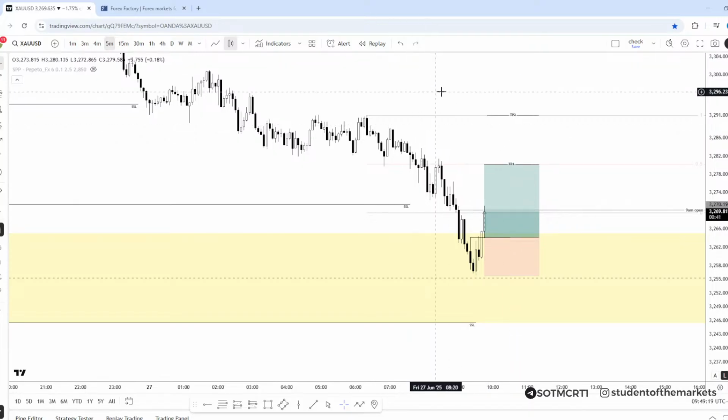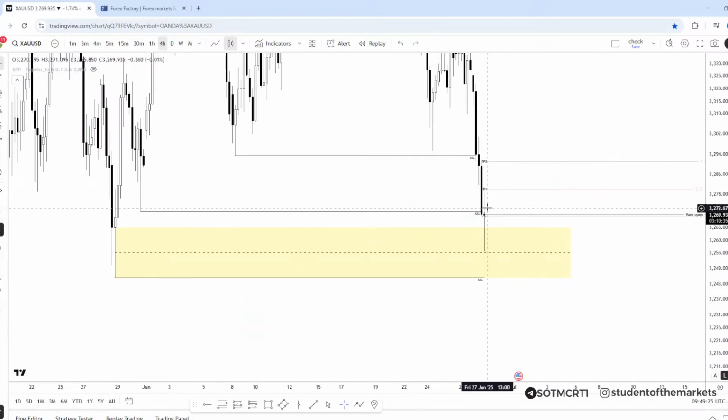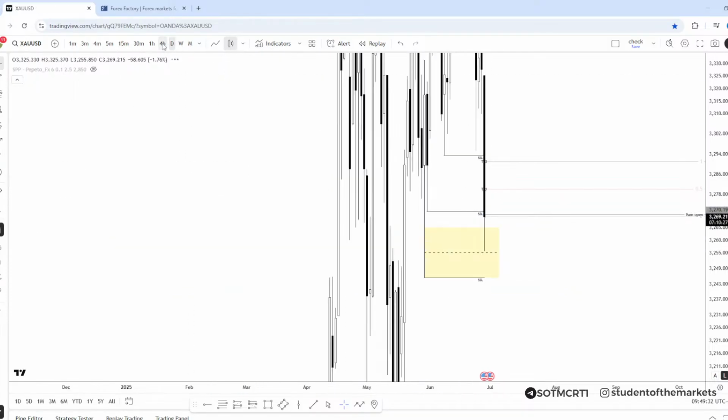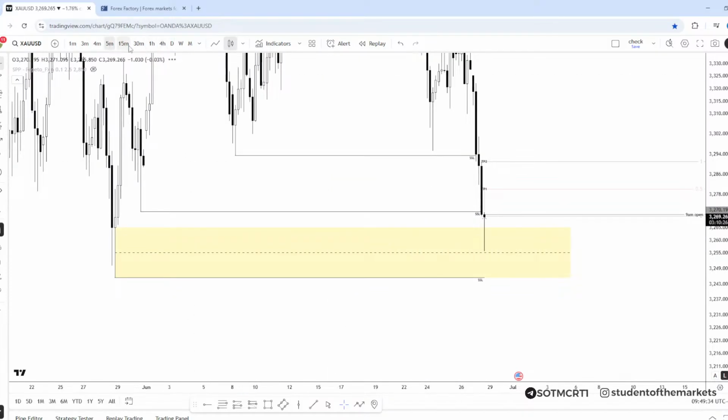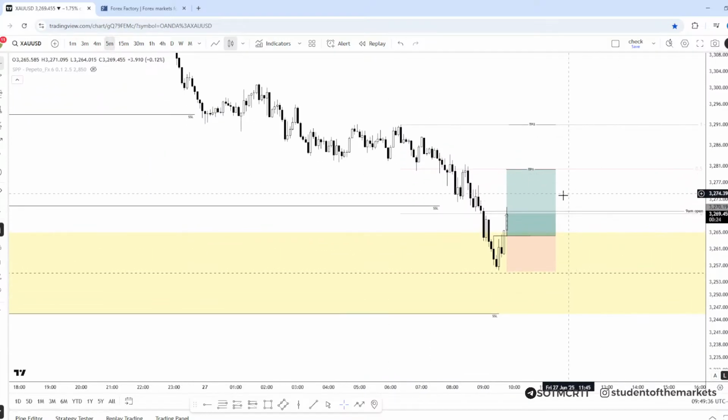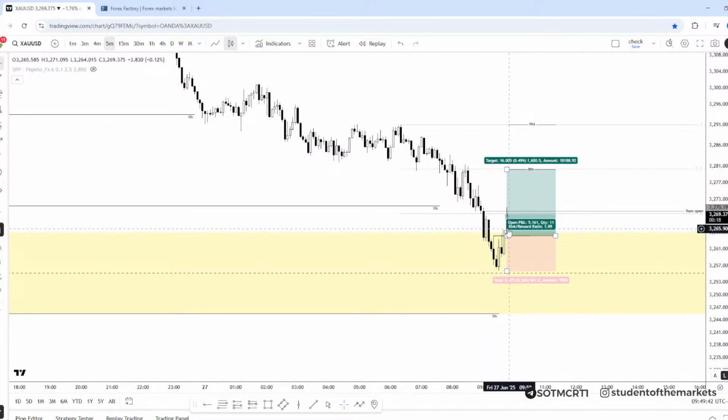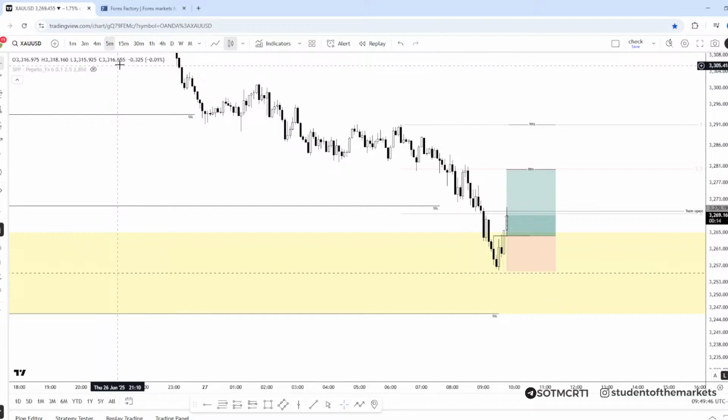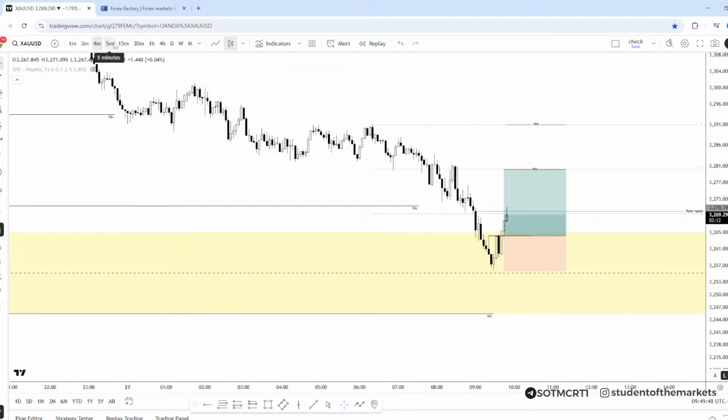So what price has done is price again swept the sell side liquidity, the CRT low, touching the key level, sweeping the sell side from the higher time frame, from the daily. Now on the 5-minute time frame, what I was waiting for is this short-term high to be closed above, and price did close above it, and then touched the high and eventually pushed to the upside.